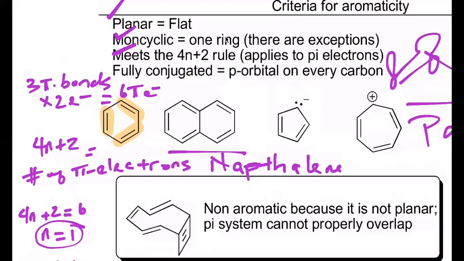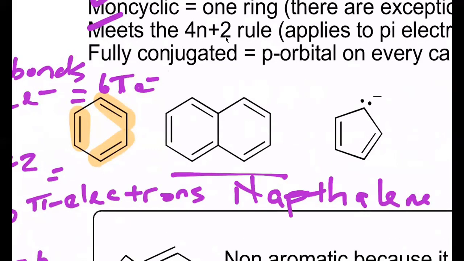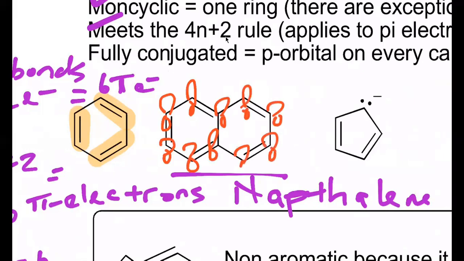It's fully conjugated. If I put a p orbital everywhere I see a pi bond, you can see that it has a p orbital on every carbon. So it is fully conjugated.